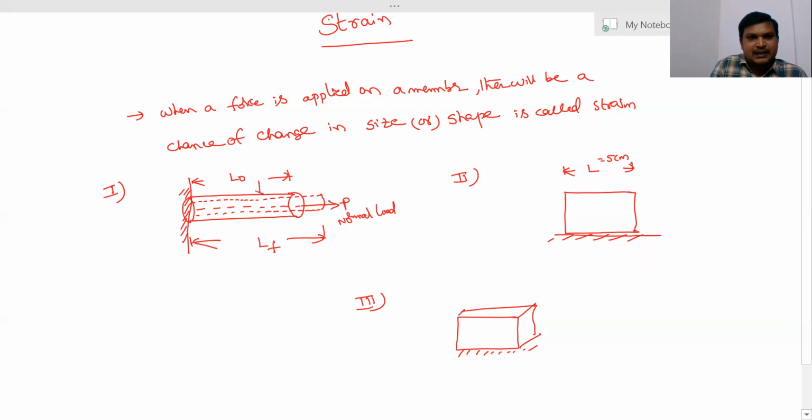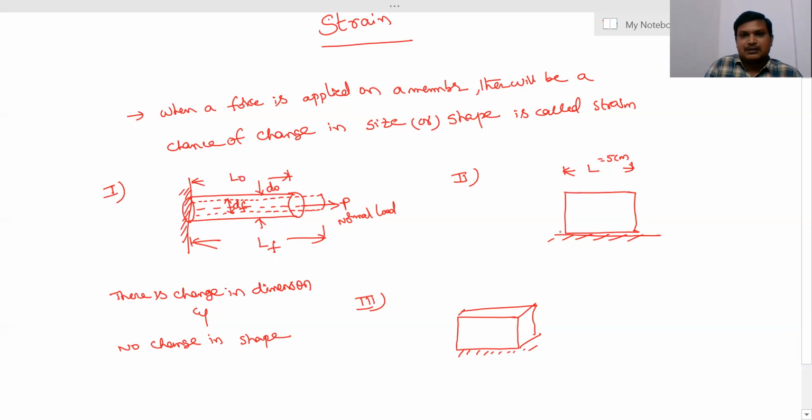The thicker line is the original diameter DO, and the dotted line between the thicker lines is the final diameter DF. So what you observe from here, when you apply the force on this member, is a change in dimension and no change in shape. Am I right?